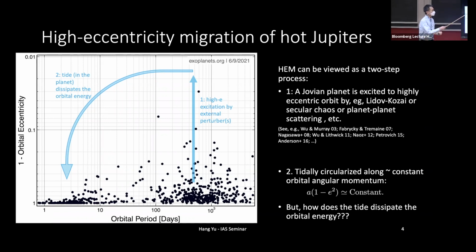So, we have this overall big picture. It turns out that many details of this process, especially the details of tidal dissipation, remain unclear to us. And in fact, this leads to a few observational challenges to this high eccentricity migration channel.